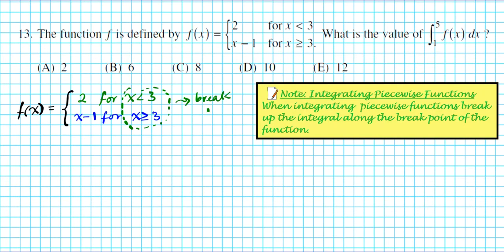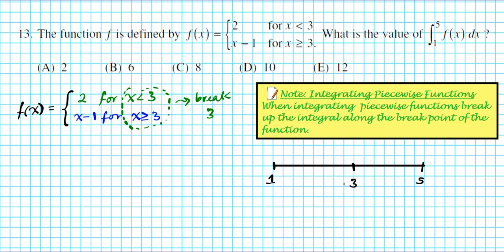So if we have the break at 3, that means our integral from 1 to 5 has to break at 3. Let me give you a visual as to what our limits of integration are going to be. Let's say we're going from 1, the lower limit, to 5, and 3 is dead in the center.